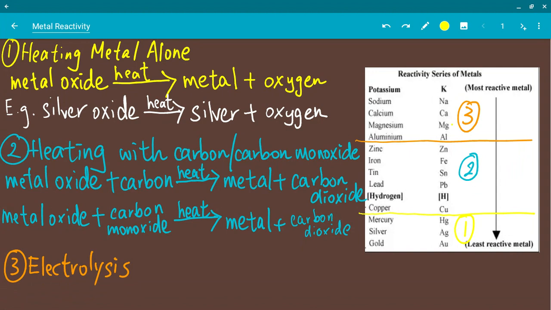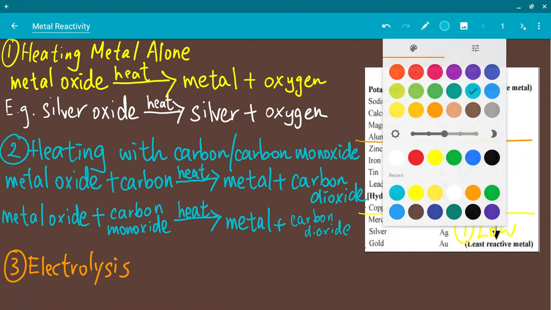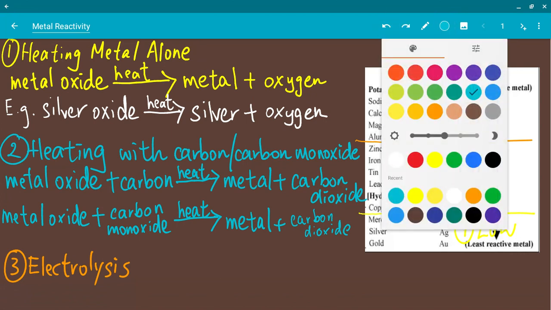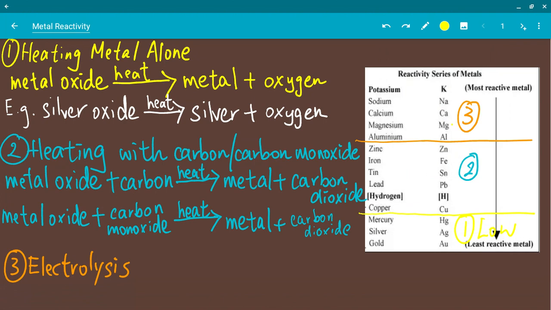Metals that have low reactivity are at the bottom of the series, those that have moderate reactivity are in the middle, and those that have high reactivity are on the top. Metals that have low reactivity are those where we heat the metal ore, or the metal mineral, alone. So this method is for metals that have low reactivity.